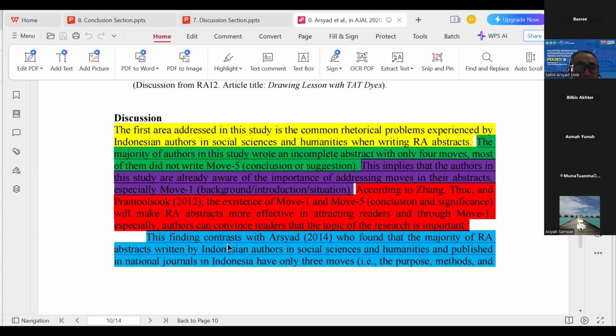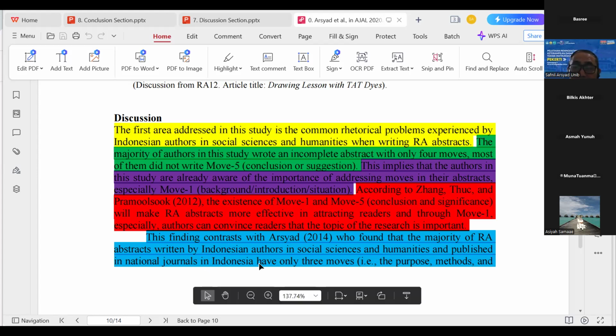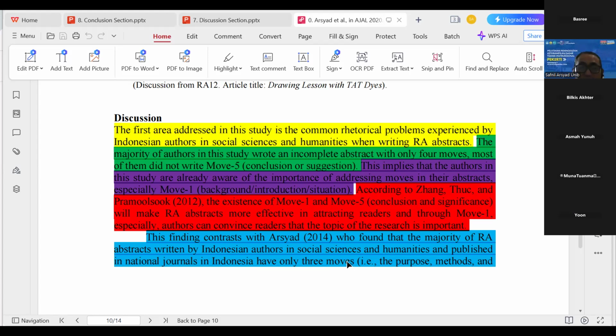This finding contrasts with Arshad 2014, who found that the majority of research article abstracts written by Indonesian authors in social sciences and humanities and published in national journals in Indonesia have only three moves.